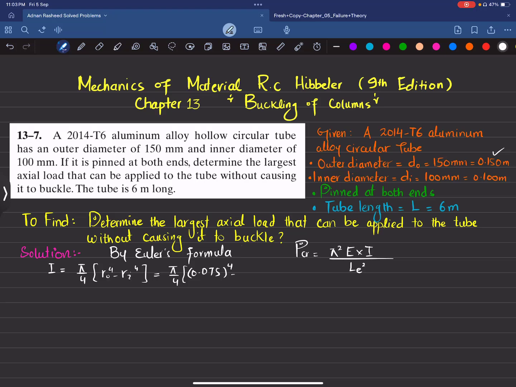The inner diameter is 0.100, so the inner radius will be 0.05 power 4.